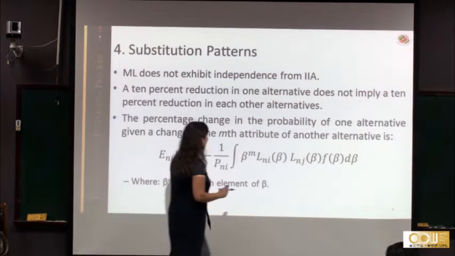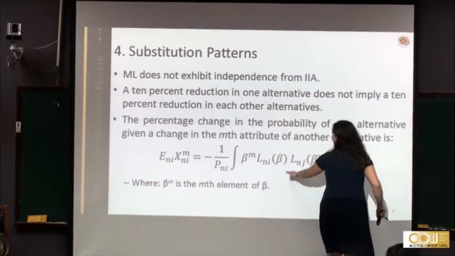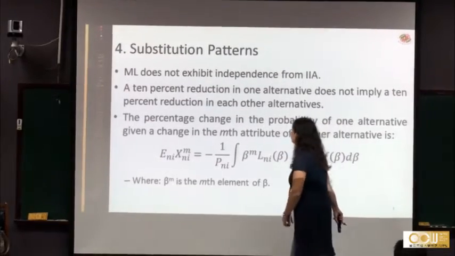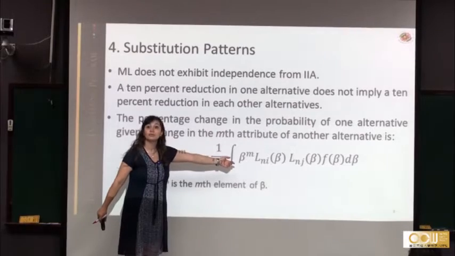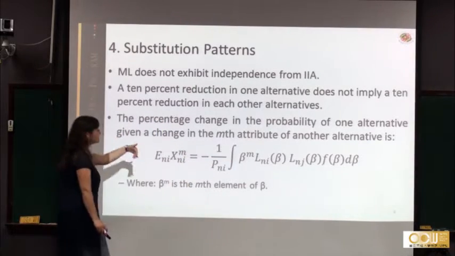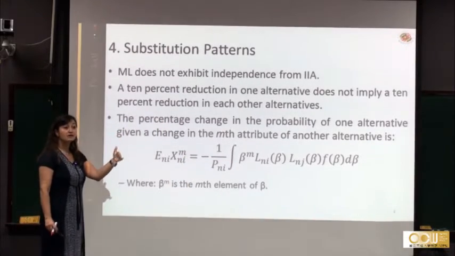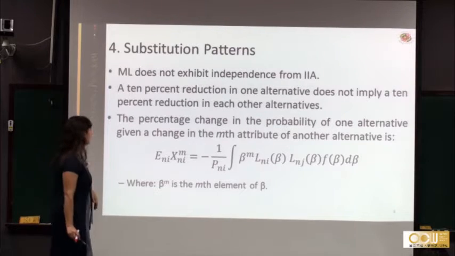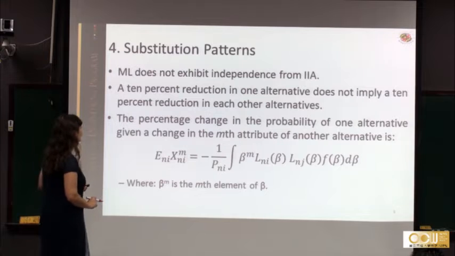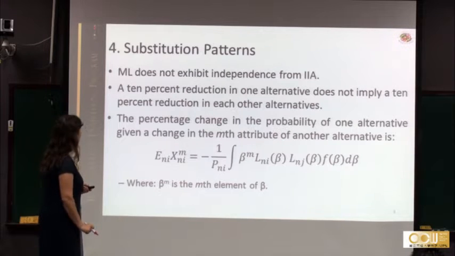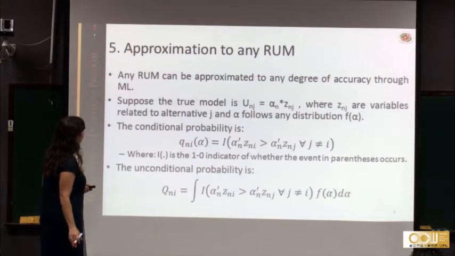And this is because you have these covariance terms here, and you have this P_ni that depends also on P_nj. So they do not cancel out in the denominator when you calculate the ratio of the probability of choosing two alternatives. So no IIA.